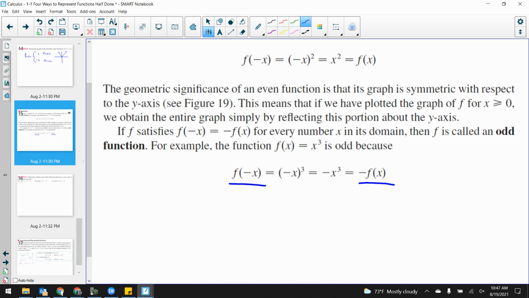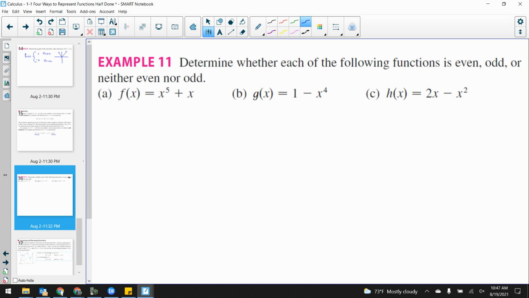Okay, then it's odd. So let's practice that a little bit. Determine whether the functions are odd, even, or neither. Well, the test is to plug in negative x and see what happens. So let's see what happens with f of negative x for this first one. Might have to erase a little bit.